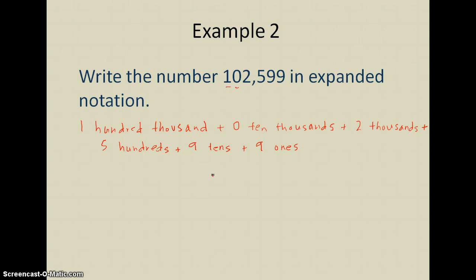The other thing that I could do, if I didn't want to have to write quite so much, is I could say that I have 100,000 plus, I could skip over that 0 10,000s because I have 0 10,000s.